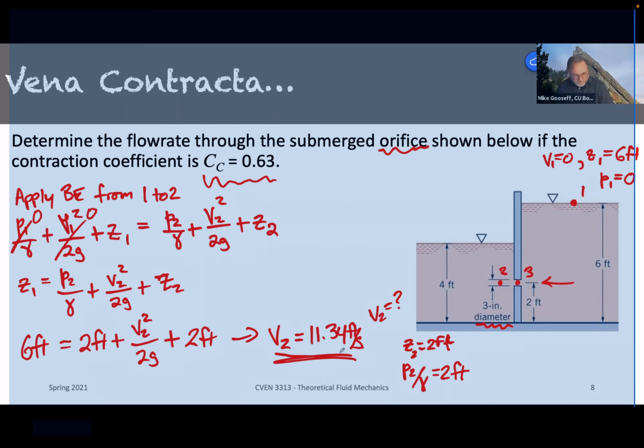So if that is V2, then what we need to do is, I'm going to do this on the following slide, but now we'll use Q is equal to V times A to figure out exactly what the flow rate is. So Q through that orifice is equal to A2 V2.